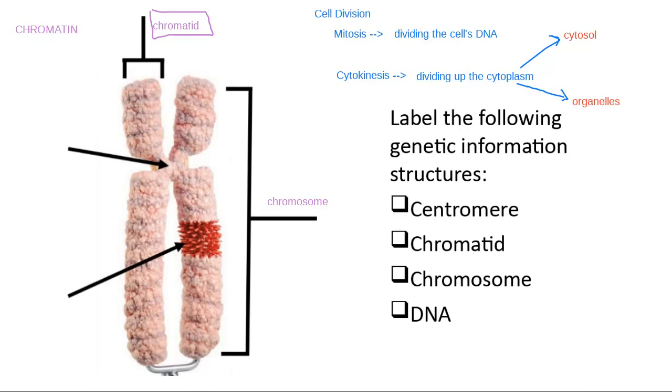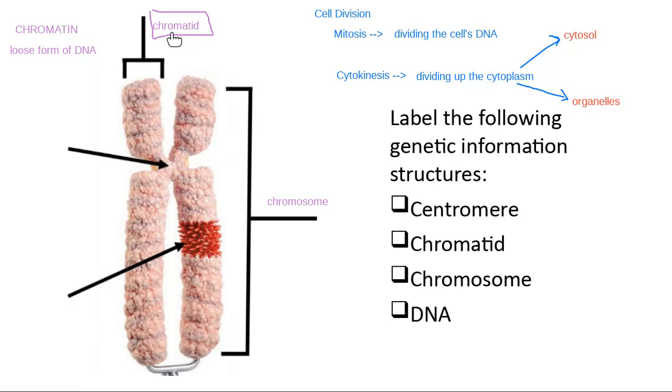I know I'm making you type a lot. Yeah, absolutely. Chromatin is that looser form of DNA, the spaghetti noodle mess form of DNA that would be really hard to divide. Chromosomes are easy to divide because they're packaged. We've packaged that DNA into two small structures called chromatids.